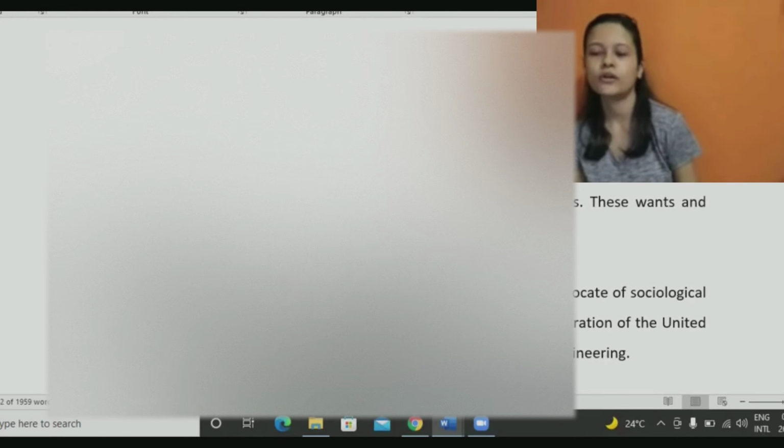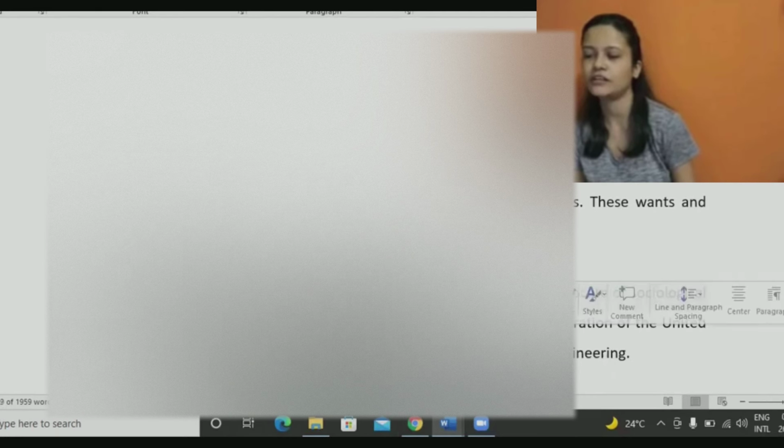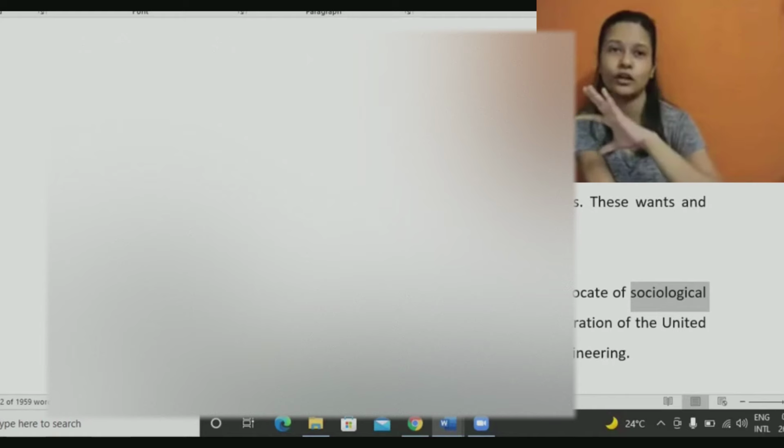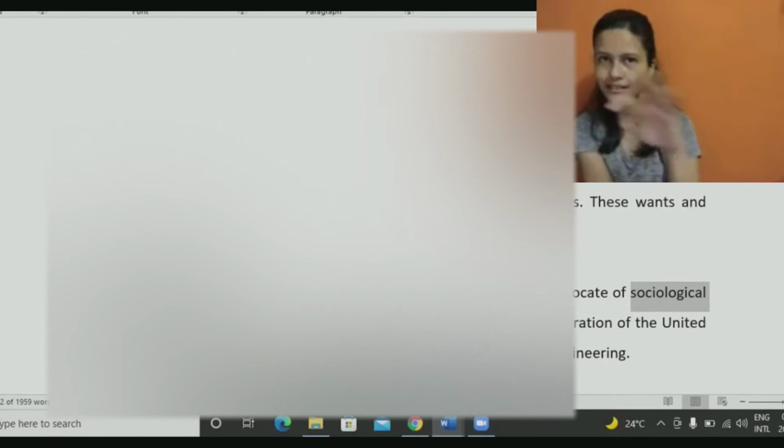Now, Roscoe Pound was an American jurist, botanist, educator, and chief advocate of sociological jurisprudence. The theories which he has given are called sociological jurisprudence because he mainly focused on society. His theory is mainly focused on society, and based on that, he developed his theory.